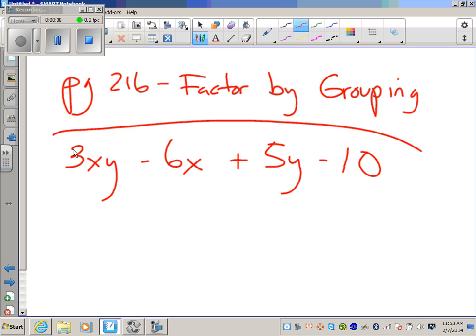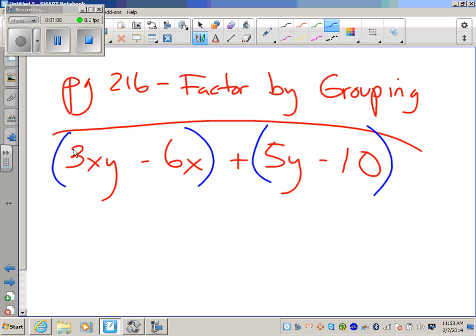Now, from here, what we will then do is we will group them together, 2 and 2. Okay, we'll group them together. Now, as long as the signs are consistent, this is a positive 3xy, that's a negative 6.